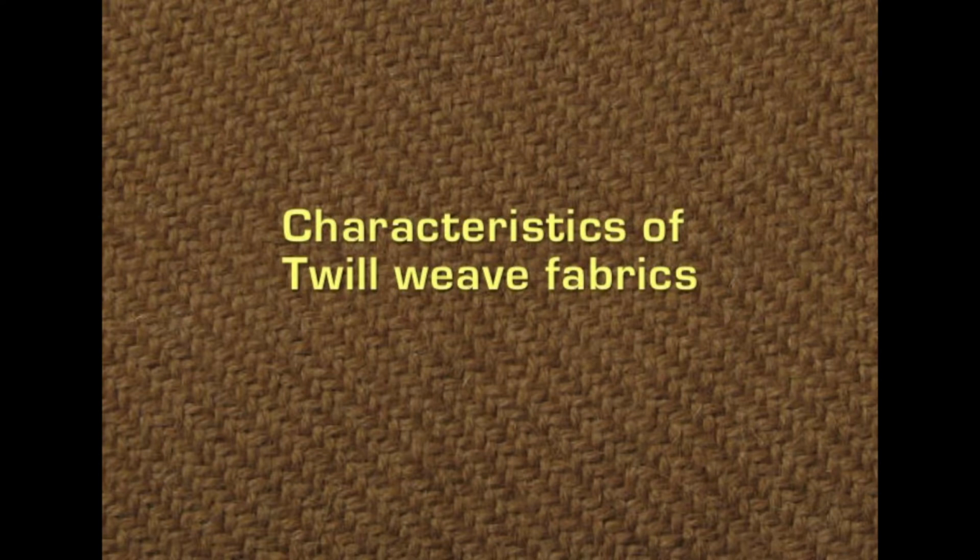Coming to the characteristics of the twill weave, you find that it is characterized by having diagonal lines called veils, and it has no up and down, but there is right and wrong sides unless it is made out of even twill.